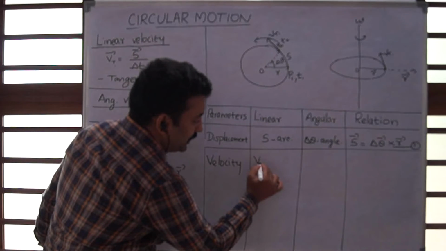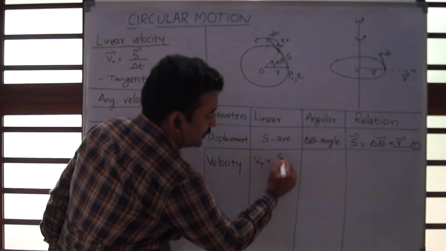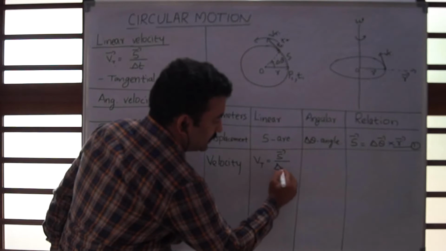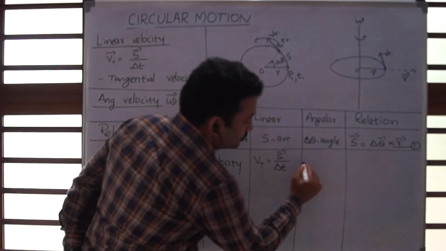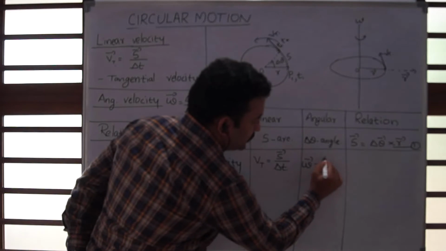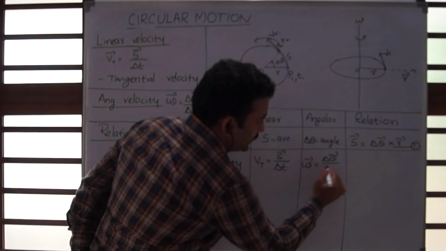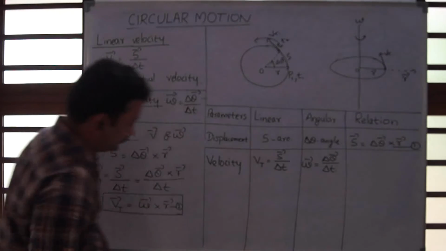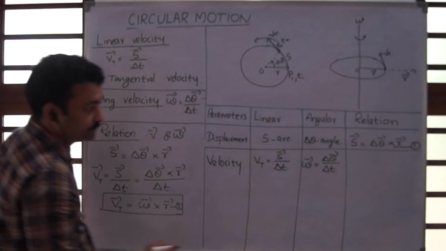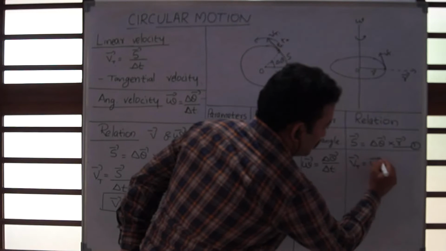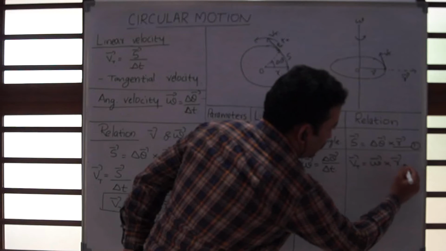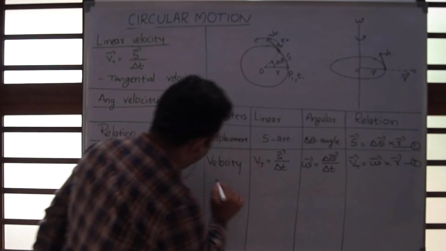So we got all the velocity concepts. Velocity, linear or tangential, is S divided by delta t. Next is angular: omega is equal to delta theta divided by delta t. And the relation is Vt is equal to omega cross r, the second equation.